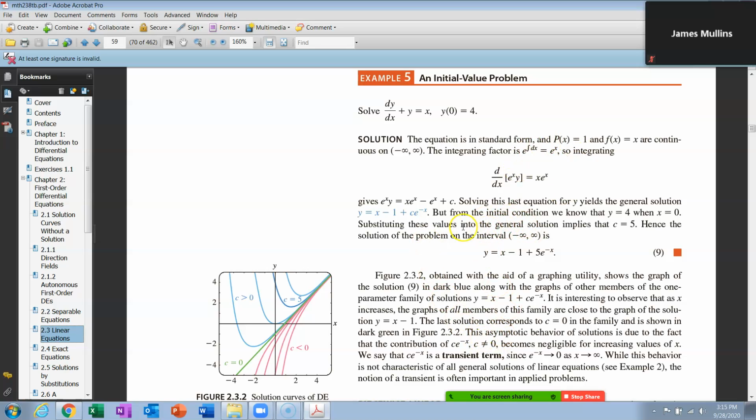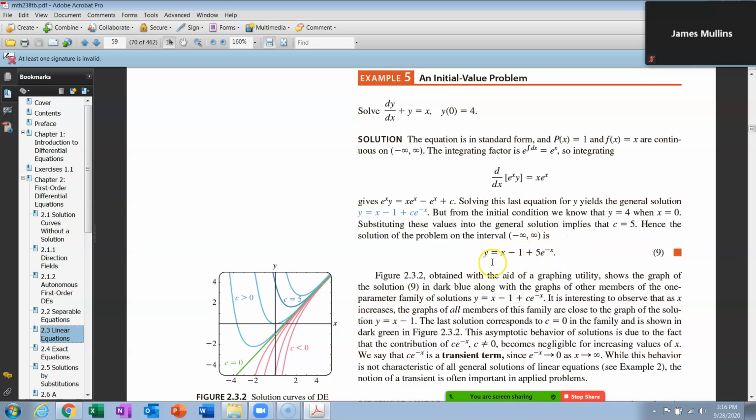Now, using a graphing utility like they have, they show the graph of that one. This is the graph of this one. Now, of course, you have to have a graphing utility to draw that. But just showing when x is very large, this thing goes to 0.